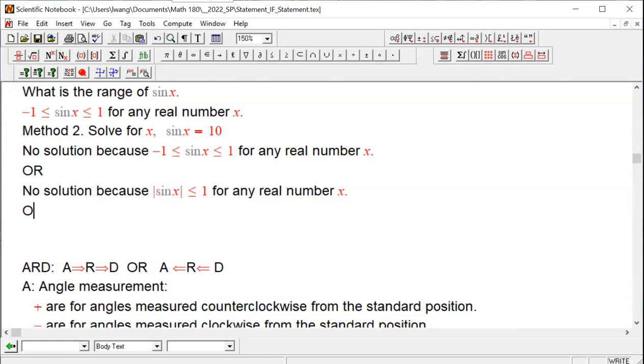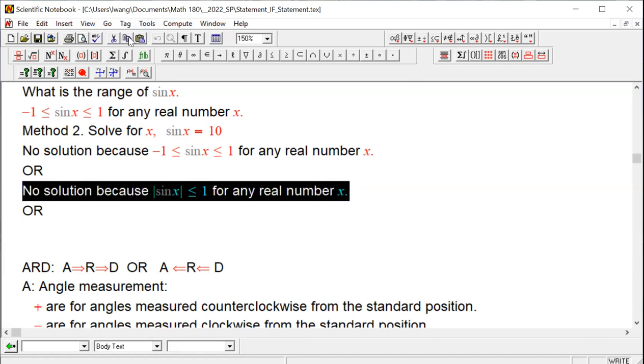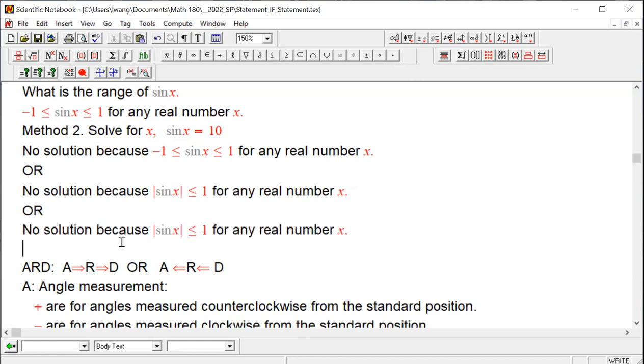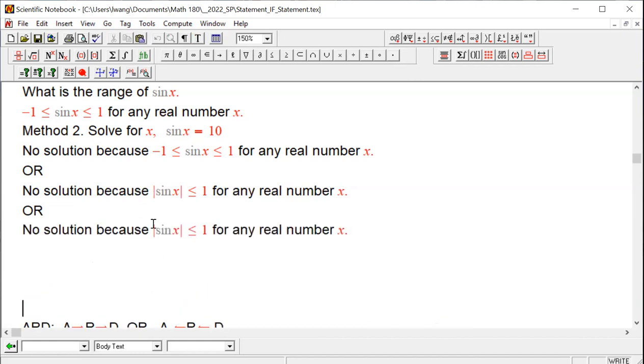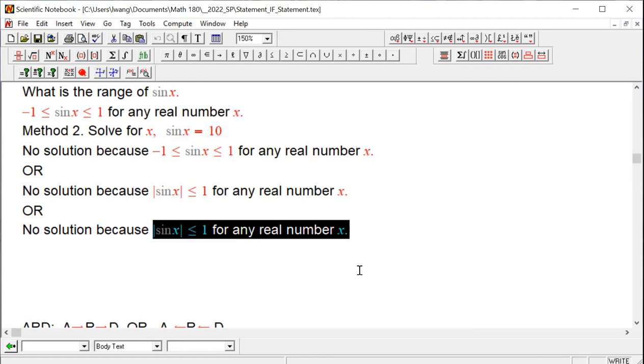Or no solution because 10 is outside the range of sine x. So all of these statements can be used to make your case.